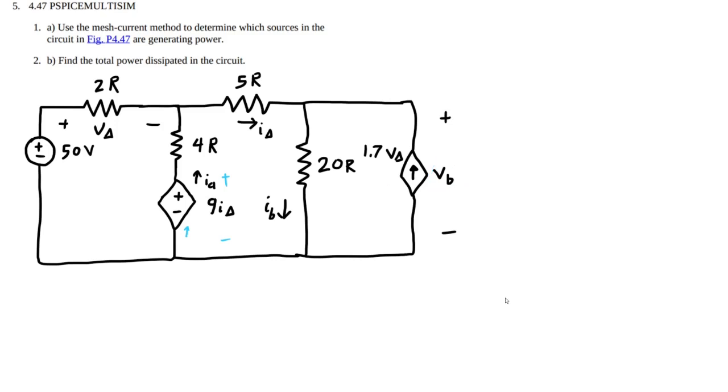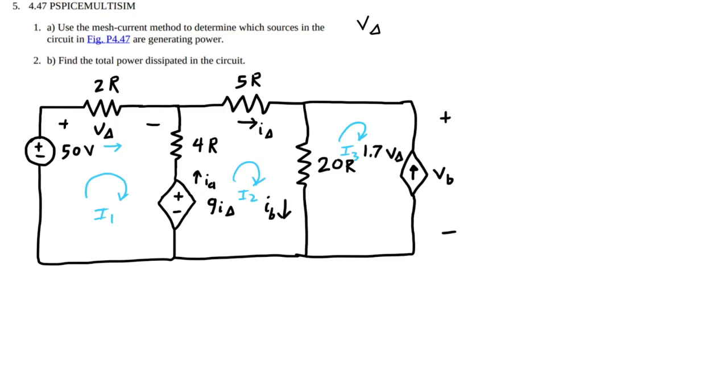So to do that, we're just going to start out by drawing some mesh currents. I'm going to make them clockwise, but you can do them either direction, it doesn't matter. I'll call this I1, I2, and I3. Now, there's no other branches here, so the current flowing through the 2 ohm resistor is just going to be Ohm's law.